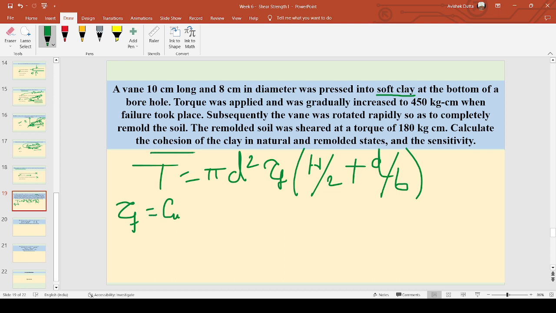This is the cohesion which is being asked. Putting this in the equation, T equals 450, H, the height of the vane, is 10, and D, the diameter, is 8. We can rearrange this equation and obtain the value of Cu natural to be equal to 0.35 kg per centimeter square.